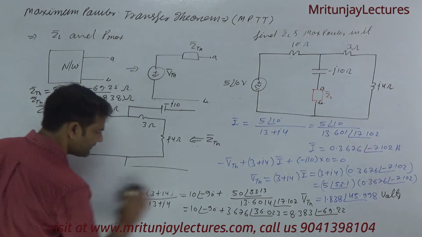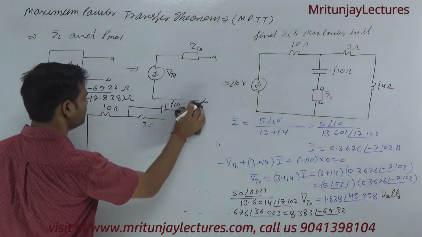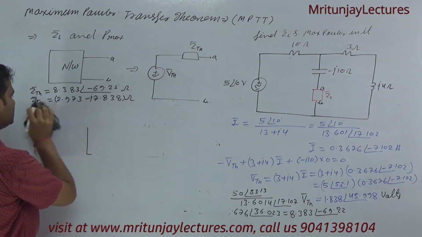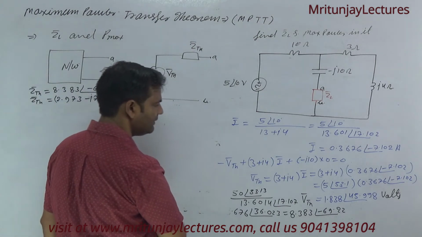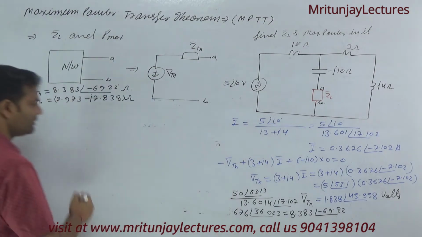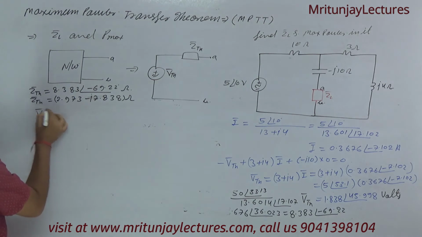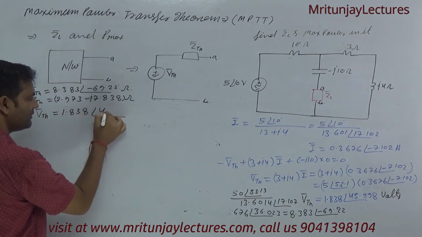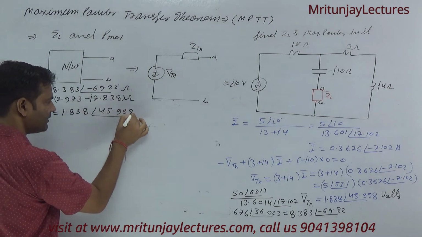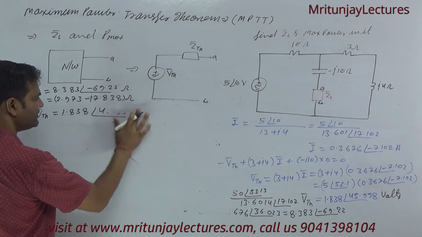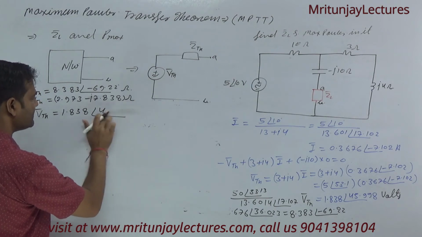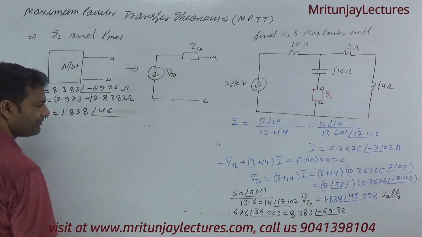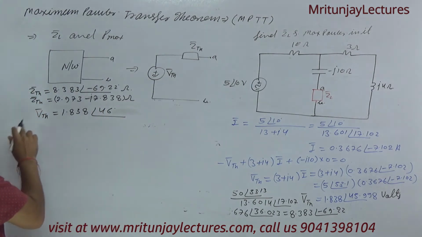Remove this one. So finally, VTH is 1.838 at the angle 45.998, or you can say 46 degrees volt, and ZTH is like this.